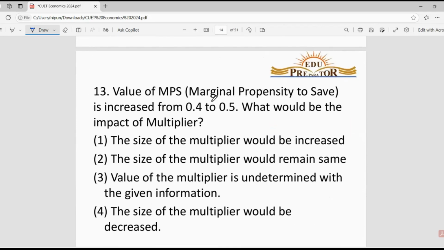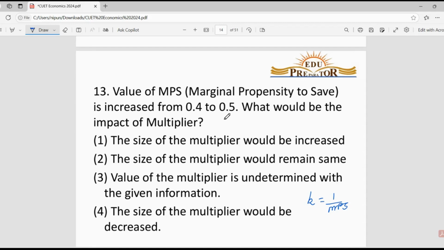Value of MPS is increased from 0.4 to 0.5. Now we are aware that the multiplier is inversely related to MPS. We know that the formula for the multiplier is 1 upon MPS. We know that if MPS increases, the value of the multiplier will decrease. Here MPS is increasing from 0.4 to 0.5.